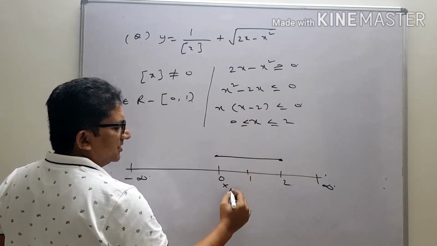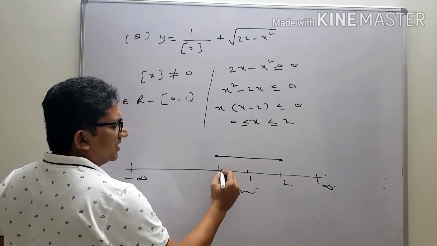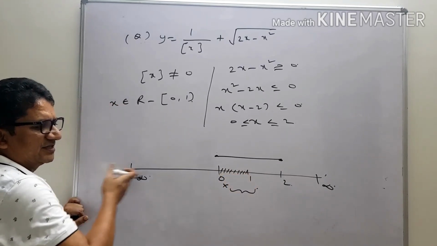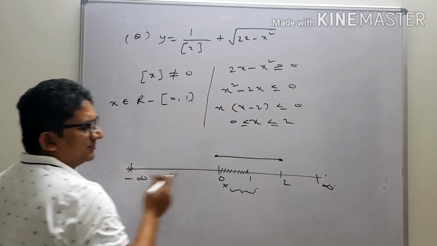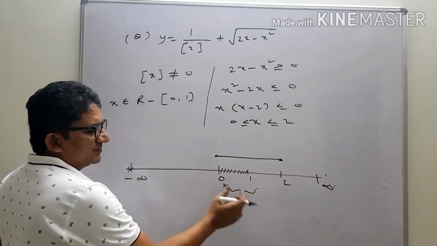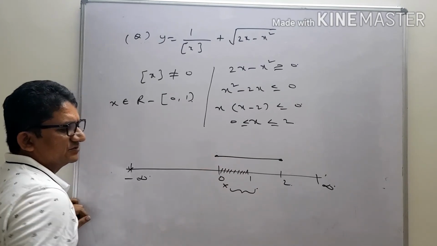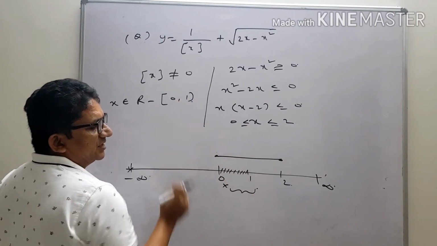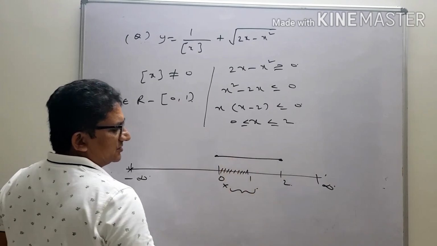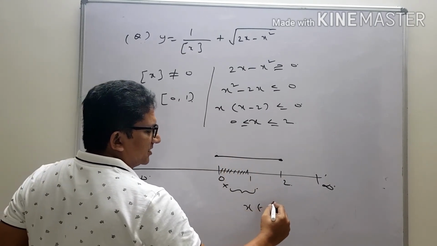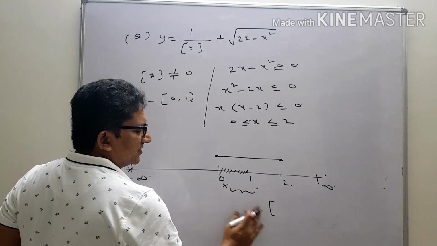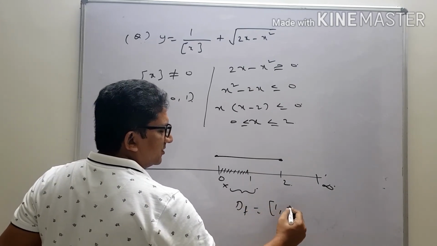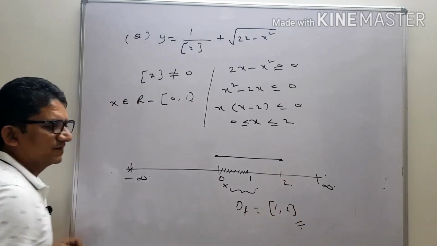Here I am marking these lines to indicate that we don't want that one. For the other part, the solution is that only. So from minus infinity to infinity except this marked portion. Here 1 is not excluded, so we can include 1. So the domain of the function, D of f, is equal to [1, 2]. This is the reason.